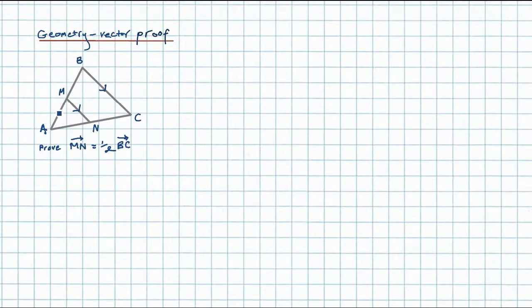So what I can do now is define two more vectors. Okay. So let's say I've got vector a here, which is MA. So I'm going to write that down. MA, like that.